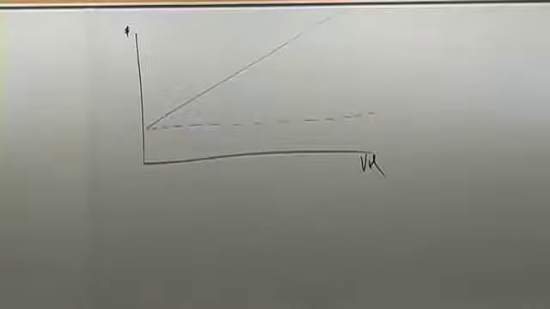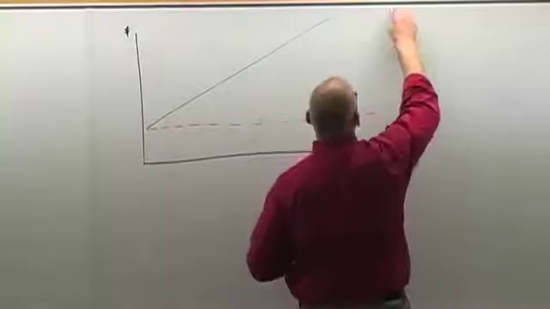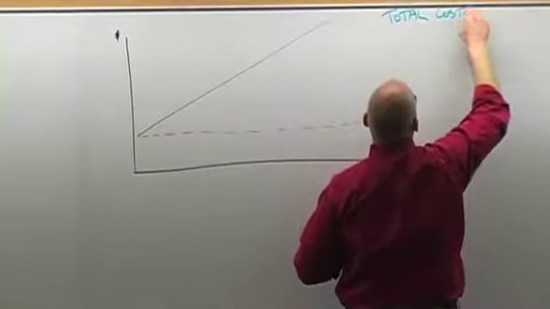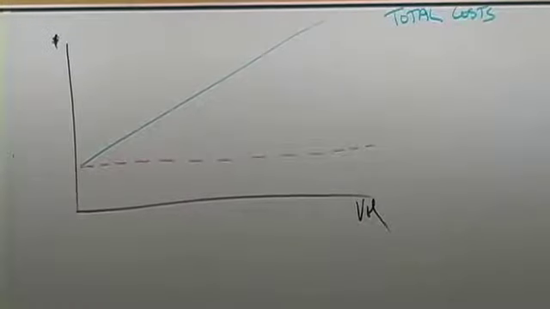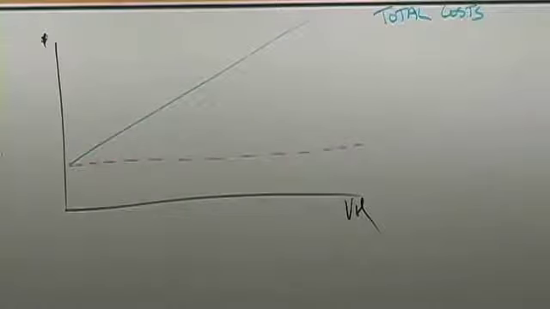So what do you think this might be? Anyone? Tyson? Total costs. Total costs. And total costs are actually what two costs added together to arrive at total cost.